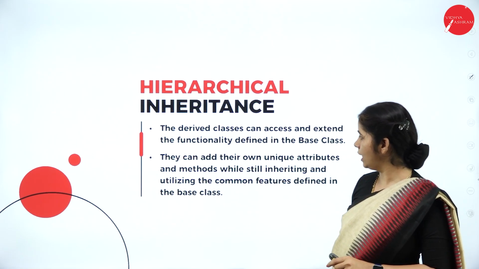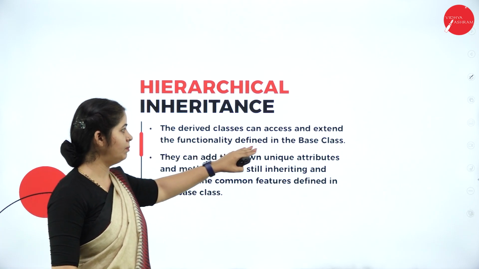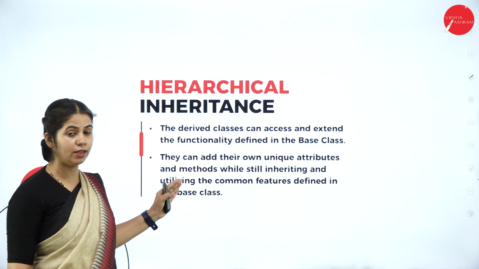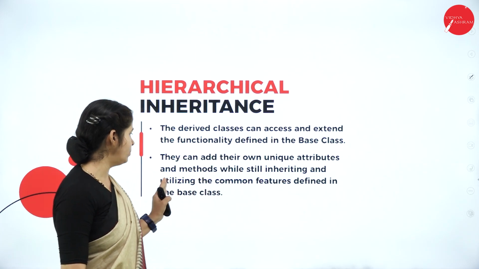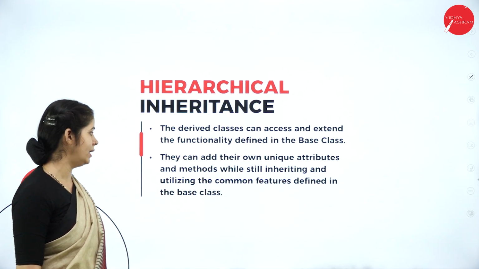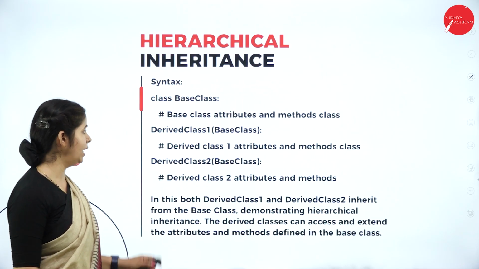In hierarchical inheritance, the derived classes can access and extend the functionality of the base class, not that of the siblings or other child classes. They can add their own unique attributes and methods while still utilizing the common features defined in the base class.